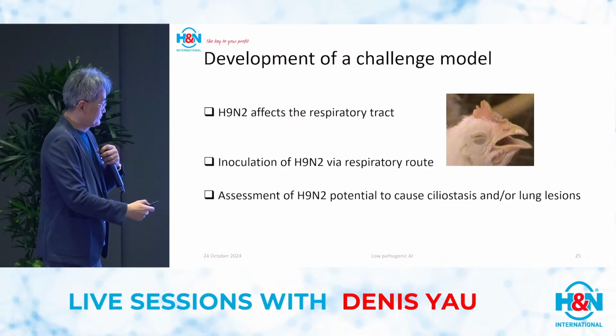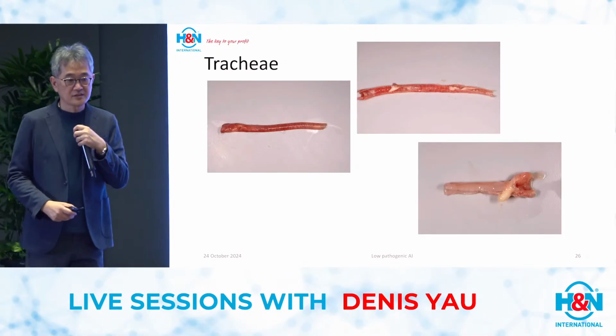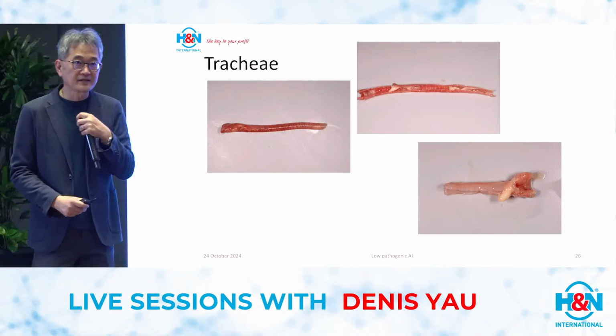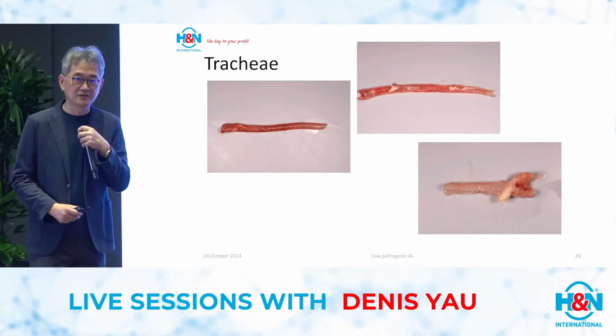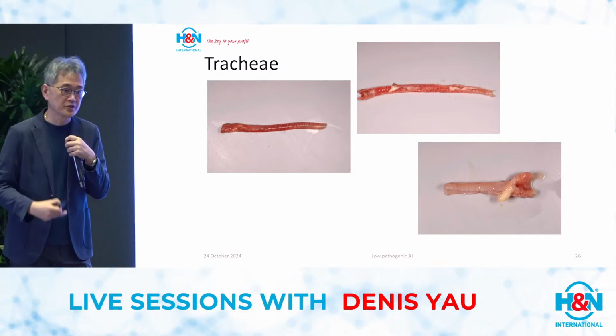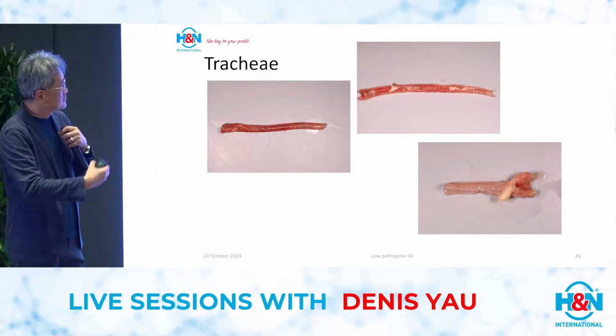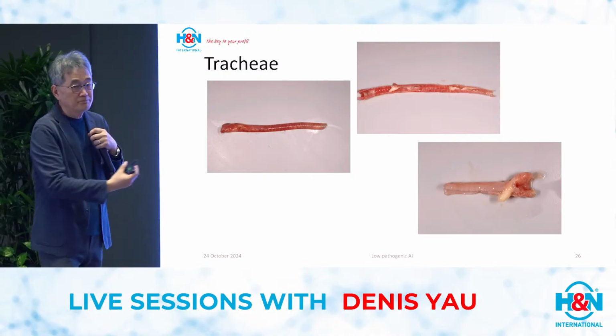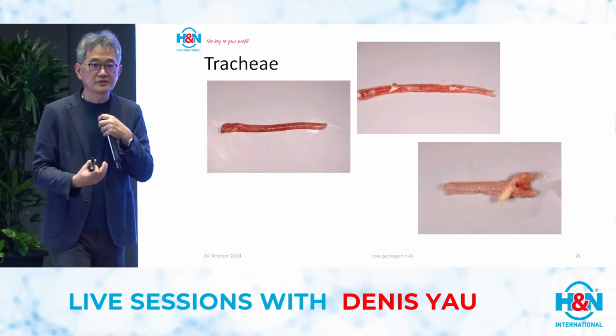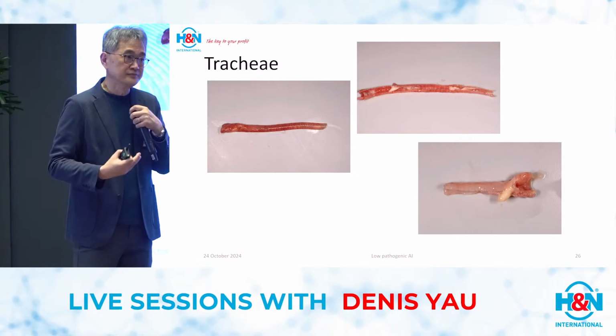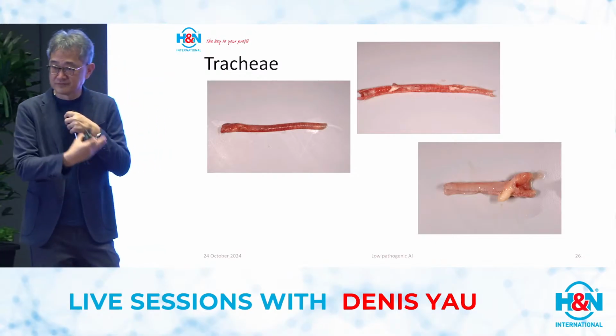And then these are the findings, the H9N2 after inoculation through the respiratory tract. You see red, you see some exudates, you see blockage of the airway, so birds are dying because they cannot breathe.